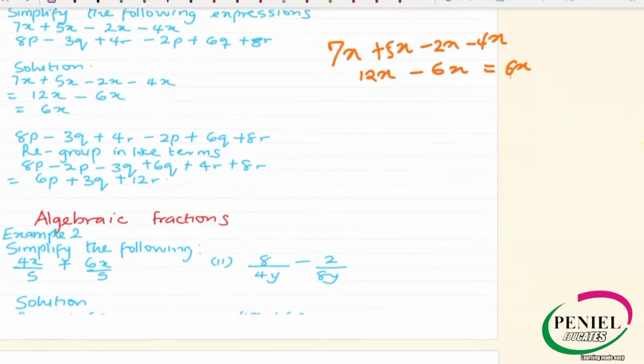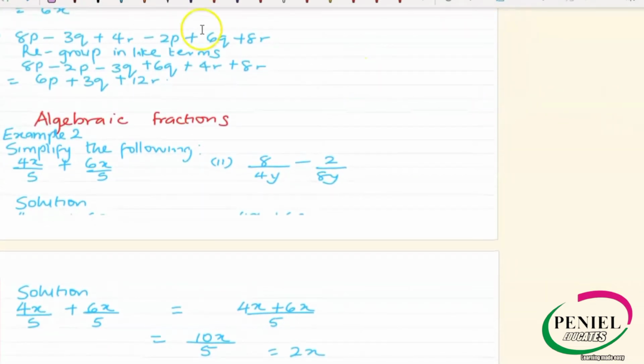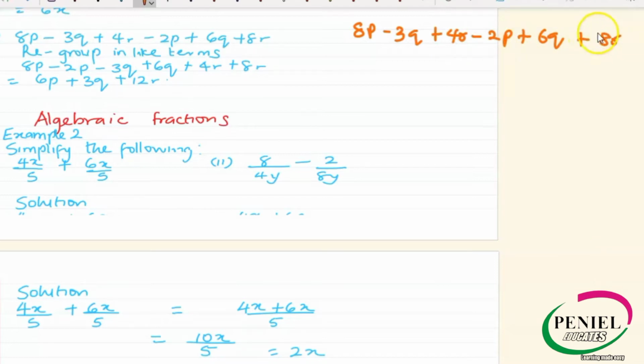All right. So if we look at further examples, we're given 8p minus 3q plus 4r minus 2p plus 6q plus 8r. So if we start grouping in like terms, we'll look at p. Let's just take all the p's together.